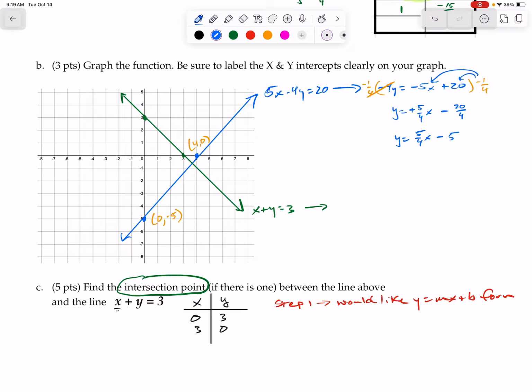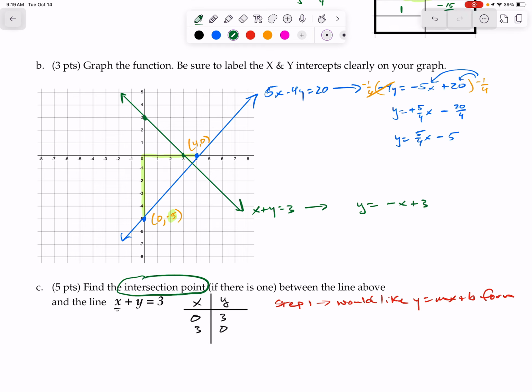Well, I could have seen that, actually. We should have been able to say, okay, look, I can see clearly that the slope here is a rise of 5 and a run of 4, and I know what the y-intercept is. So that would have been easy if I just looked at the graph. Here, this is clearly, if I just subtract x from both sides, y equals minus x plus 3, and we're done there.